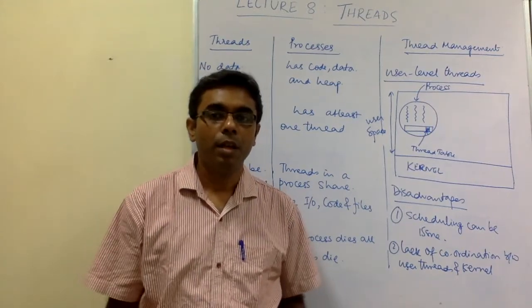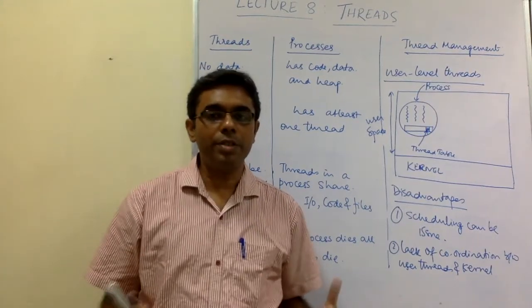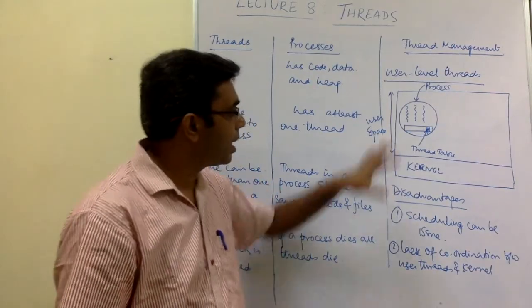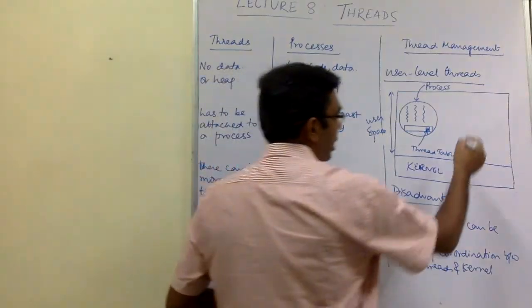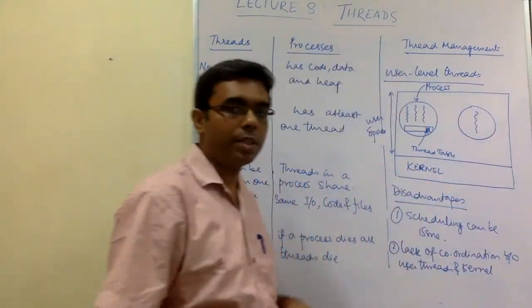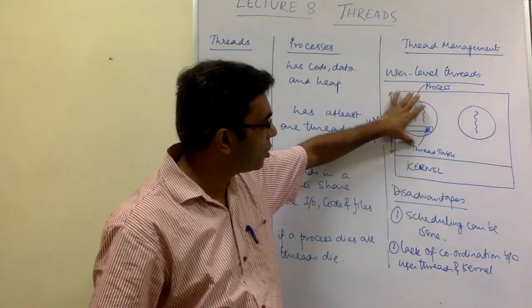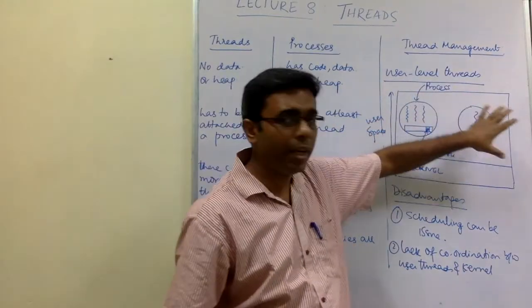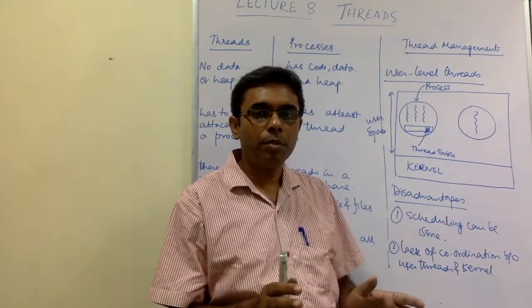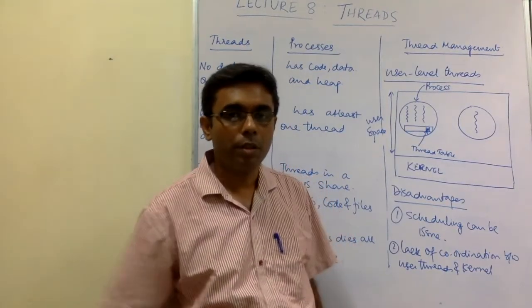Now consider the situation where you have two processes. One process has a certain number of threads, and another process has a single thread. Let's say there are 1,000 threads created by one process, while the other only has a single thread of execution. Now the problem happens during scheduling.